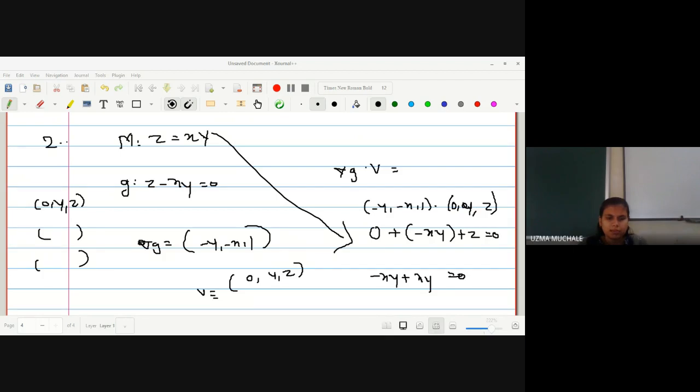Many more examples are given in your book, in the notes I shared with you. Go through those examples. I hope you will have a clearer idea of how to find the tangent and normal.